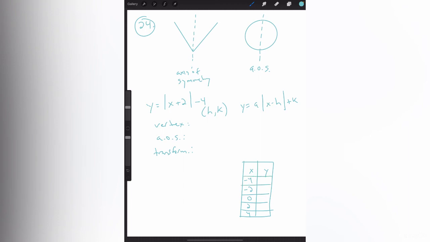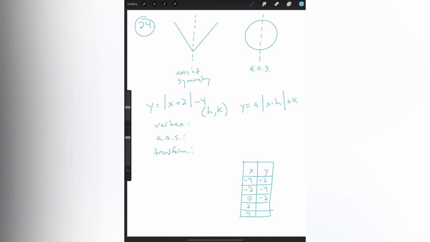If I were to go through and look at this, -4, I'm going to plug these values in. -4 plus 2 is -2. The absolute value of -2 is 2. 2 minus 4 gives me -2. -2 plus 2 gives me 0. 0 minus 4 is negative 4. 0 plus 2 is 2. 2 minus 4 is negative 2.